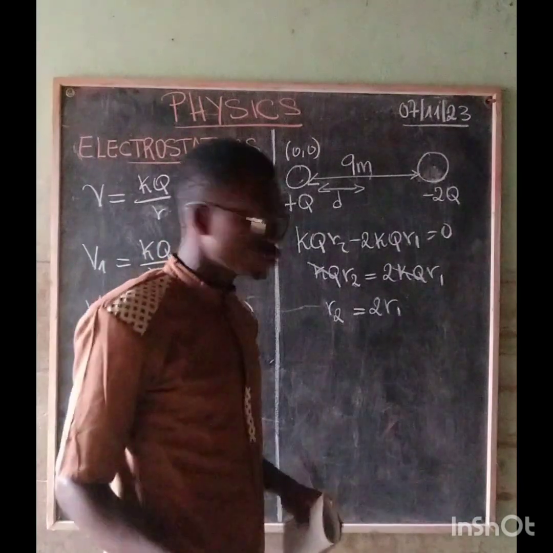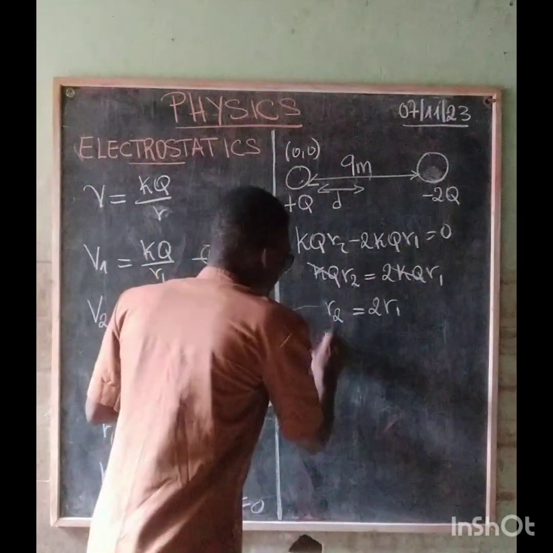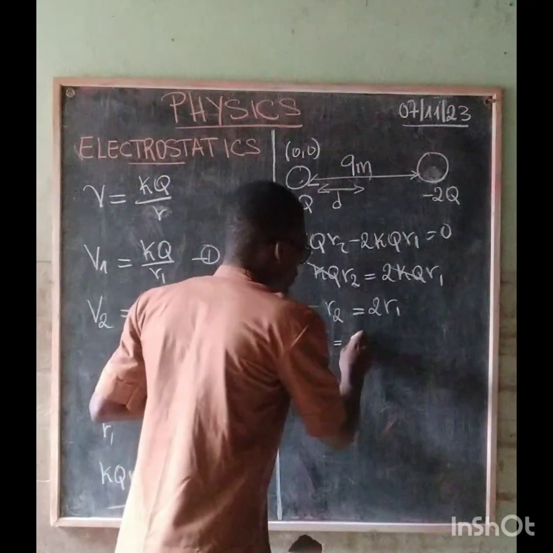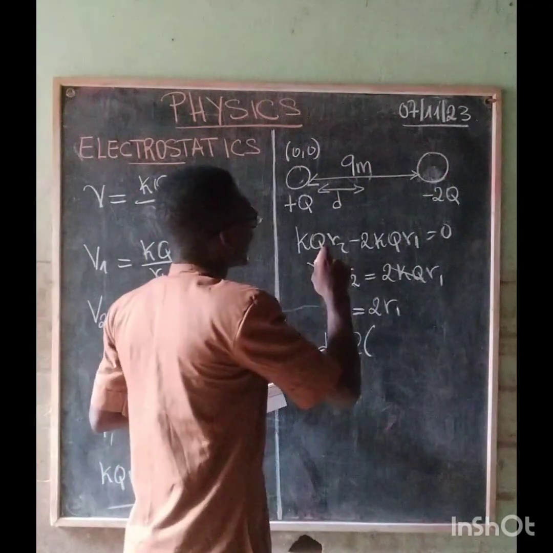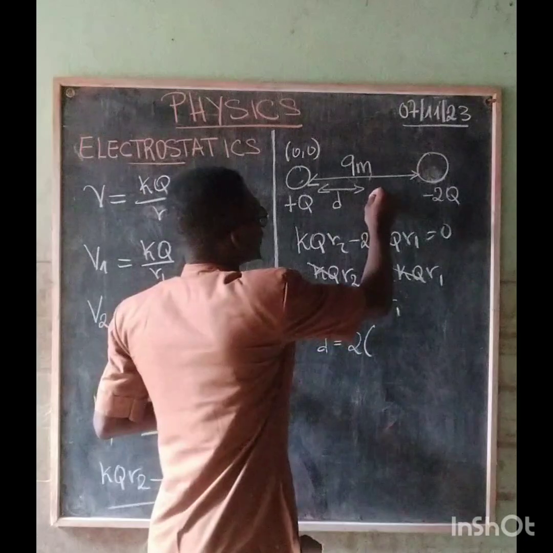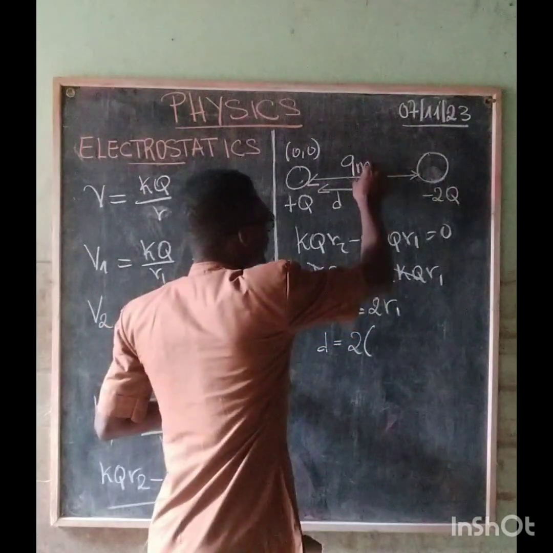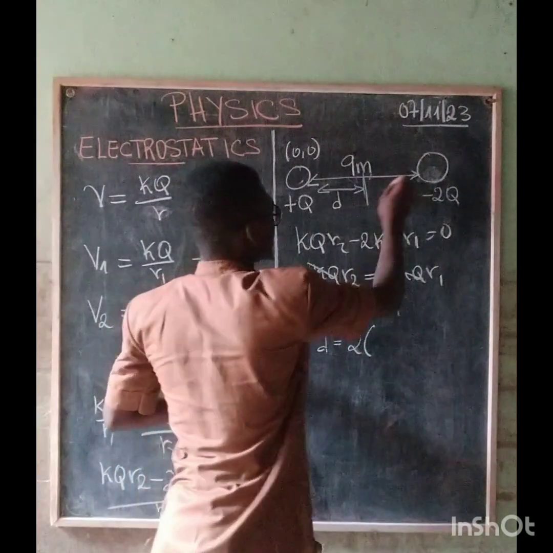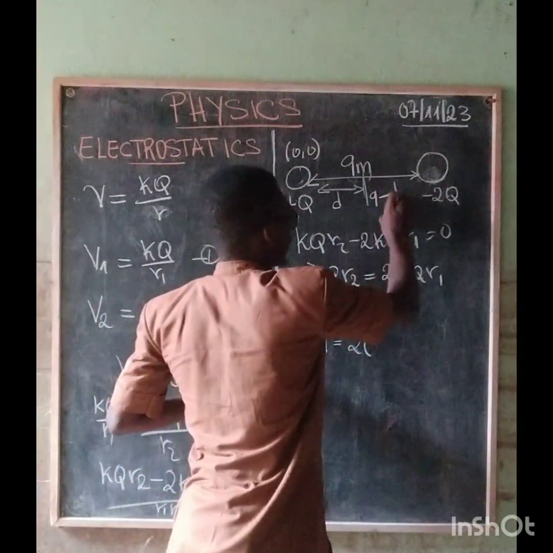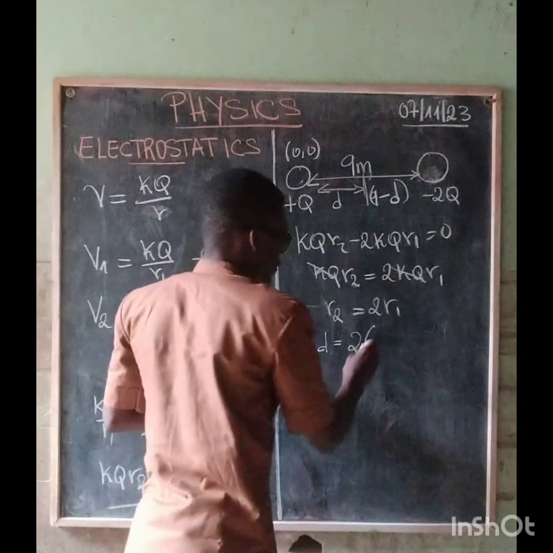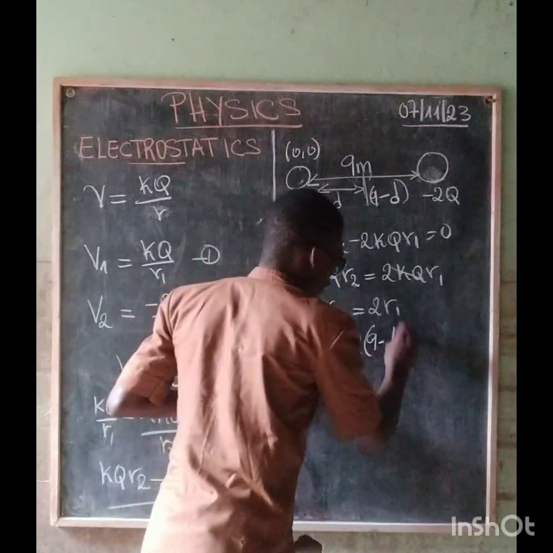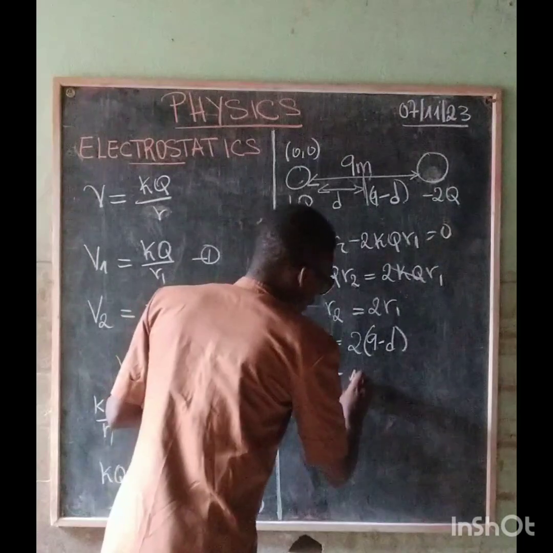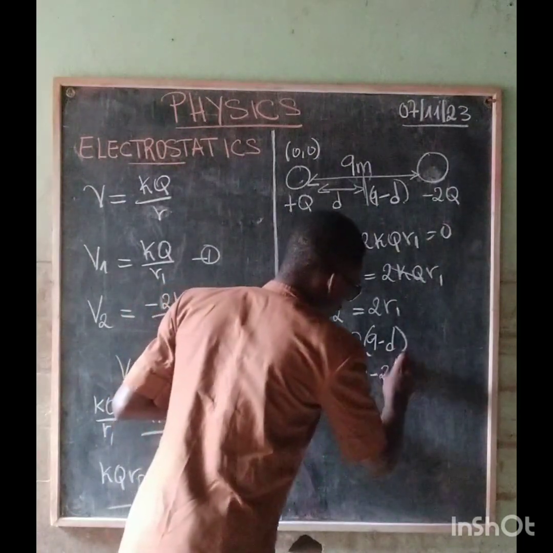Alright, and R2 is D from our diagram. It will be equal to 2 into R1, but R1 now is going to be this distance. If this is the distance D, it means this distance will be 9 minus D. So 2 into 9 minus D. Now D will be equal to 18 minus 2D.